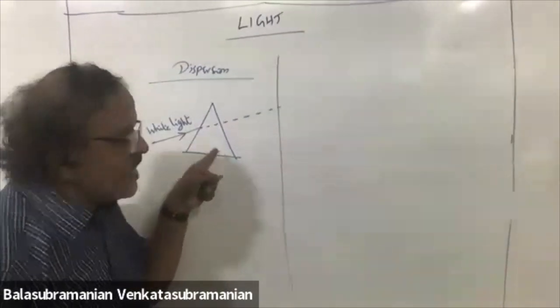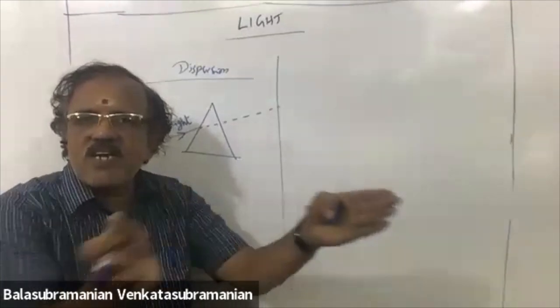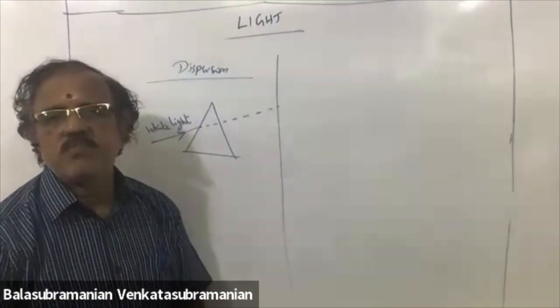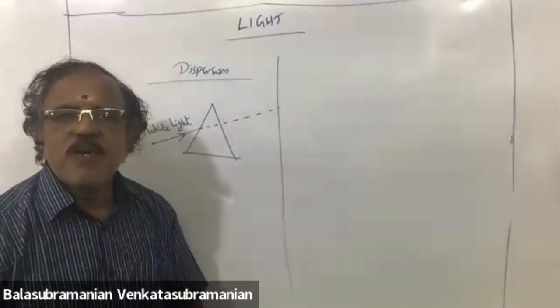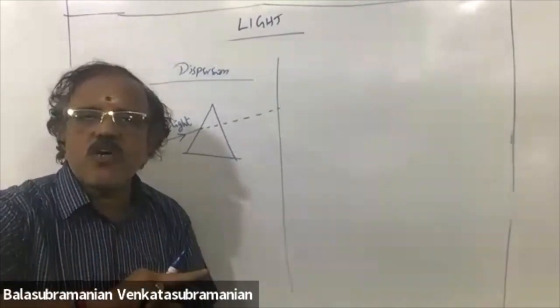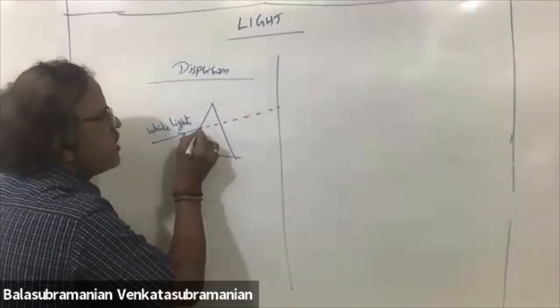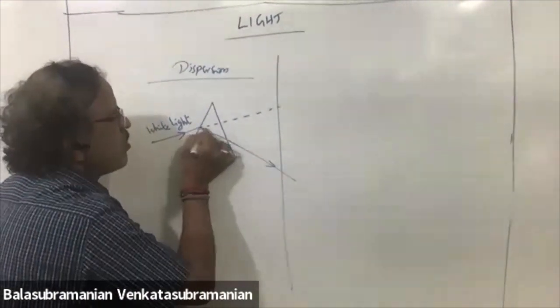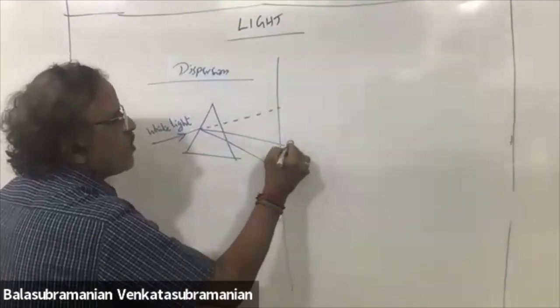When white light enters the prism, it splits into 7 colors. That is called dispersion of light. Splitting up of white light into its constituent colors. So, it splits from violet up to red.